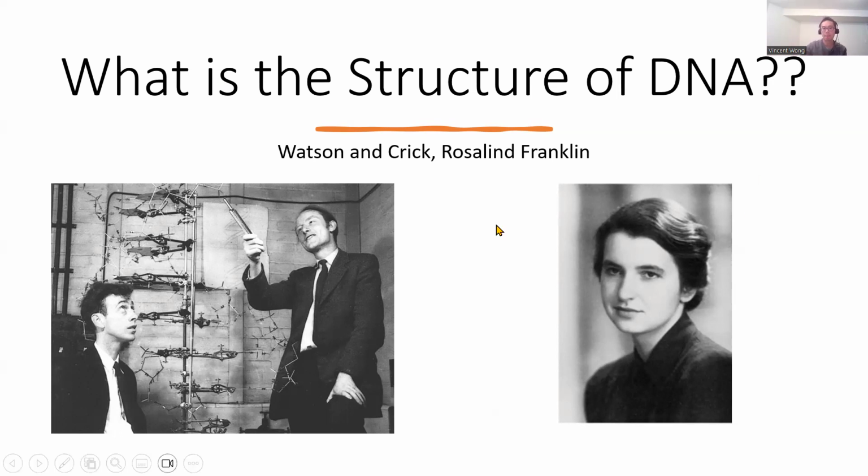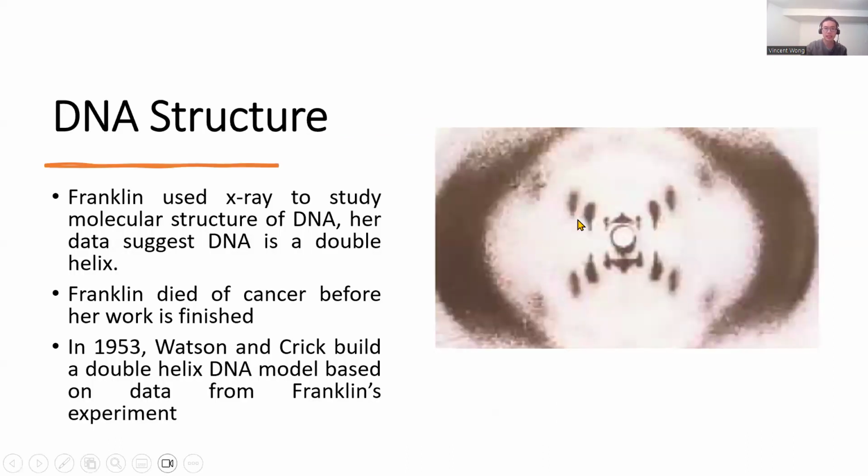So the work was started by Rosalind Franklin. She used X-ray in something called X-ray crystallography to study the structure of DNA. And she came up with the idea that the DNA is a double helix. So when you shoot X-ray at crystallized DNA, that's the picture that she got.